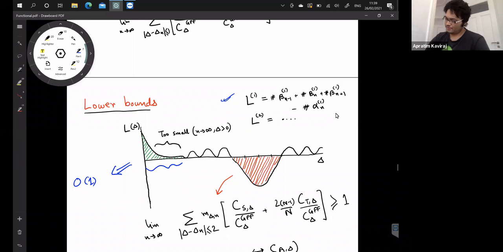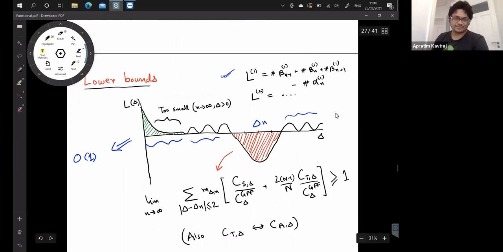It's also positive in most other places except close to delta n. When it's close to delta n, it's negative. So only in a region nearby delta n is it negative, and every other place is positive. So this functional means that any OP coefficient in this region cannot be lower than a certain value. So it gives a lower bound.